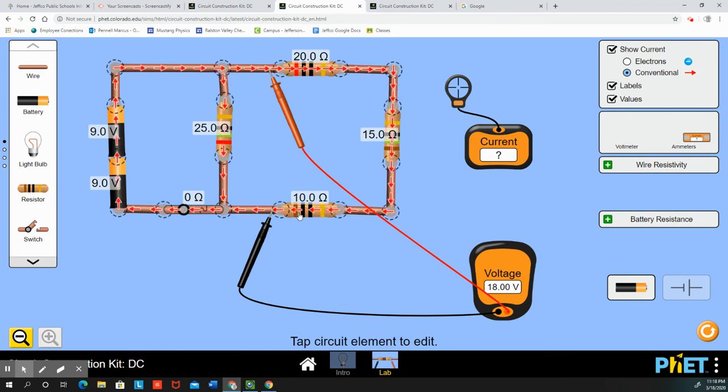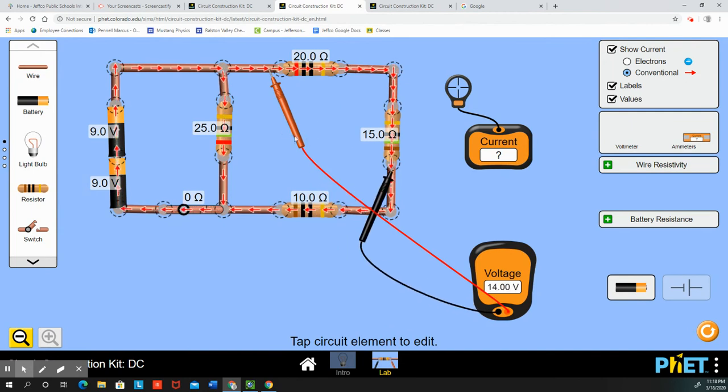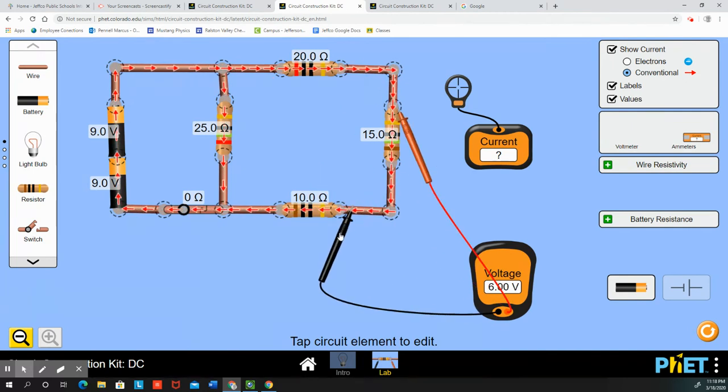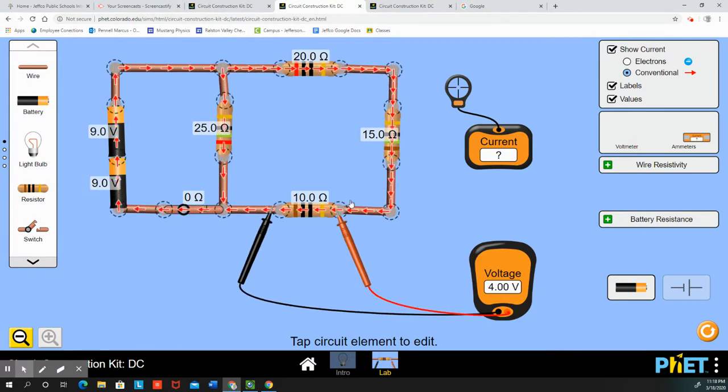So if we measure the voltage drop across each one of them individually, we'll just get a portion. 8 volts to this resistor, 6 volts to this resistor, that's 14, and 4 volts to that resistor, there's our final 4, so there's 18 volts dropped across the 3 resistors.